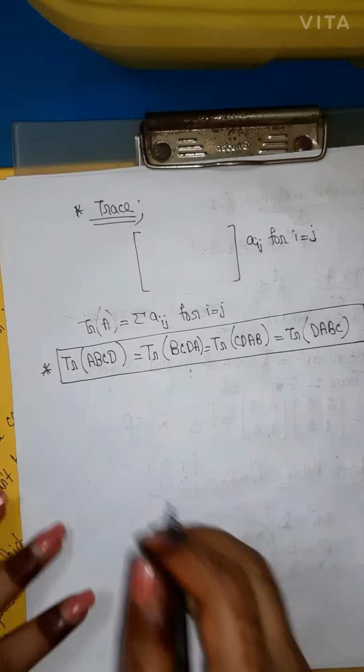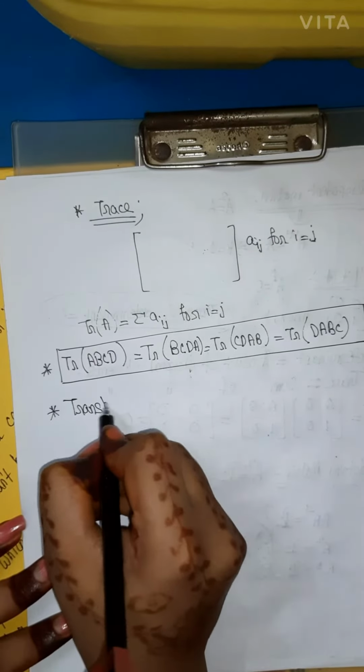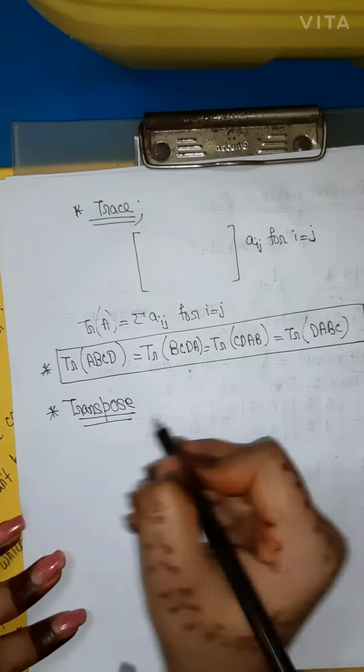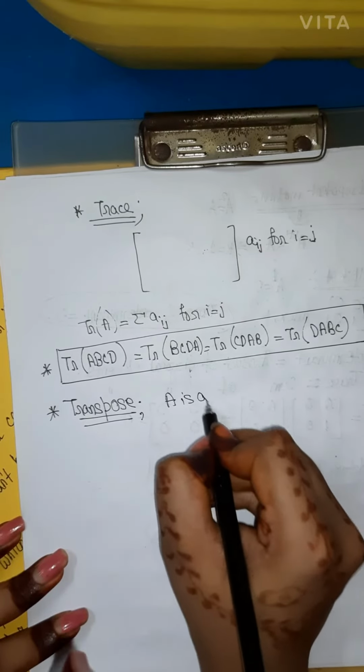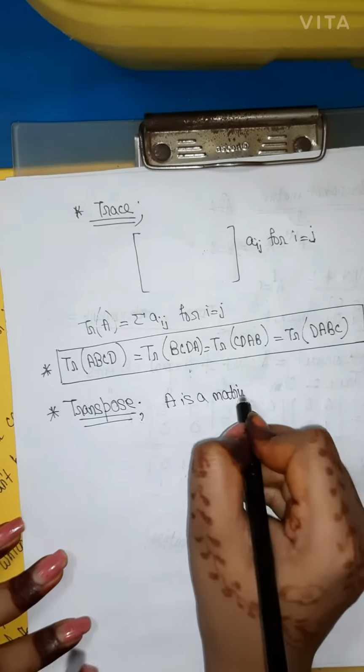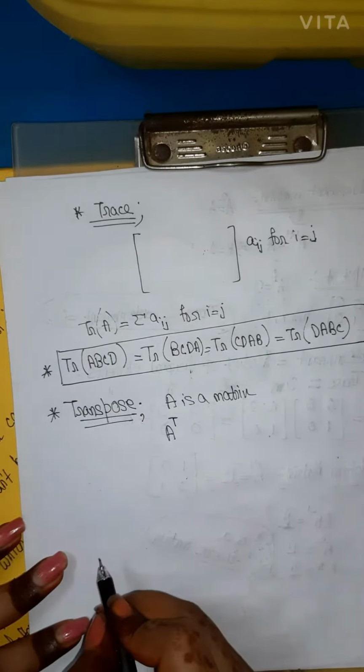Now what do you know about the transpose of a matrix? Let us say A is a matrix. How do we denote the transpose? A transpose, with a capital T over its head.